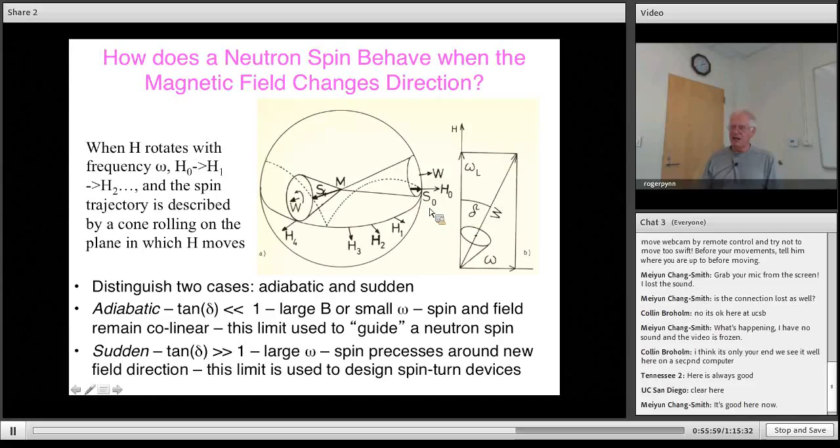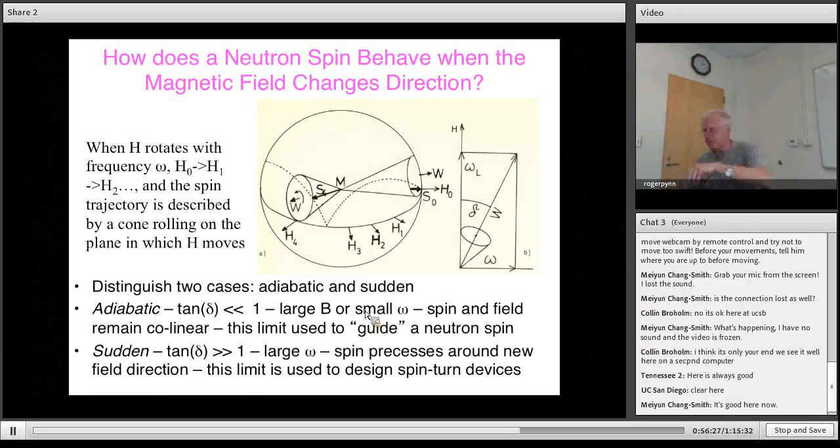And as it unrolls on this plane here, the spin stays pretty much in contact with where the magnetic field is. And so in this case, where the rate of rotation is small compared to the Larmor precession frequency, effectively the spin follows the direction of the magnetic field. It precesses about it a bit, but basically it follows it.